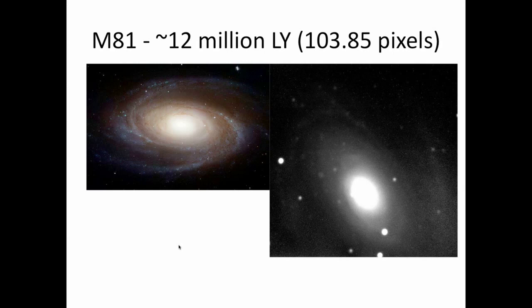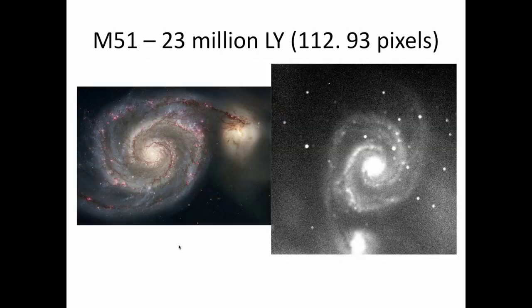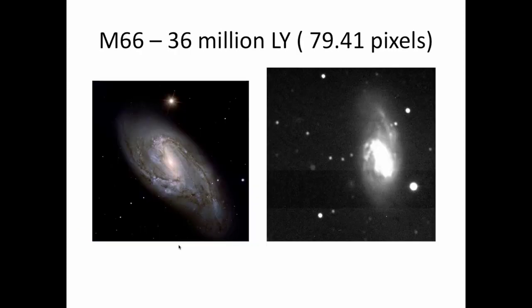So I had 103.85 pixels, and then the next slide, M51, the Whirlpool galaxy, is 23 million light years away, and that had a little bit bigger one, except the Whirlpool galaxy was a really nice face-on one, whereas M81, the previous one, was more at an edge. And the next slide is also more on an edge, but that was even farther away, and that was only 79.41 pixels.